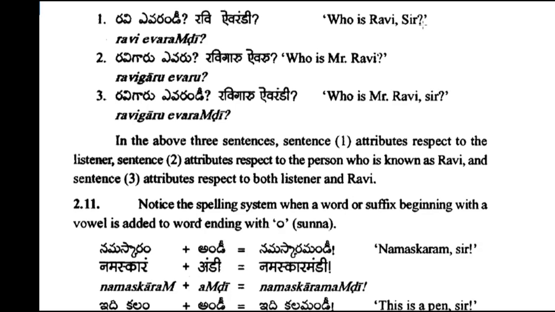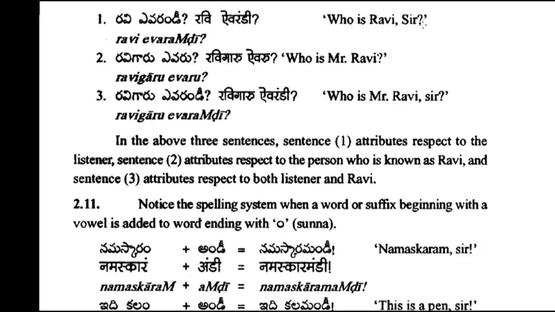Only for the subject, Ravi Garu, there is respect. But in the third one, both the subject and the listener get respect: Ravi Garu Yavarandi. In the above three sentences, sentence 1 attributes respect to the listener, sentence 2 attributes respect to the person known as Ravi, and sentence 3 attributes respect to both listener and Ravi. I explained this already.